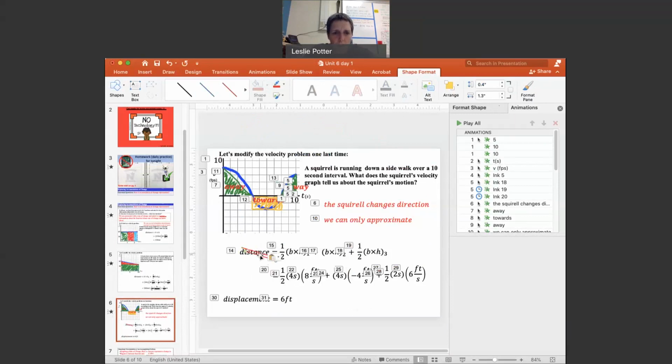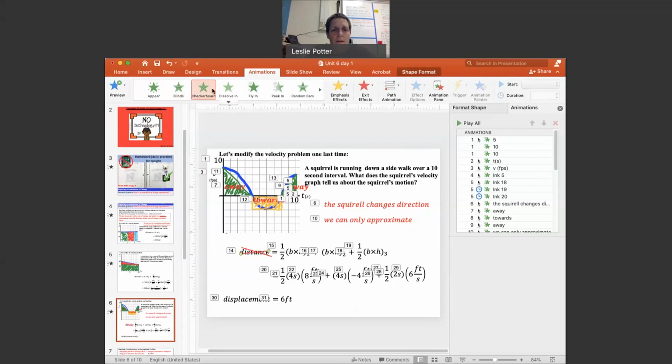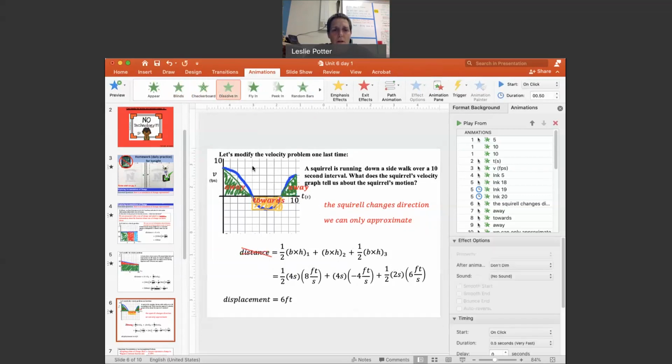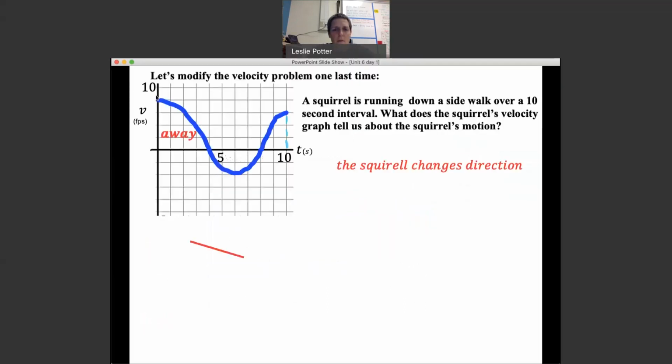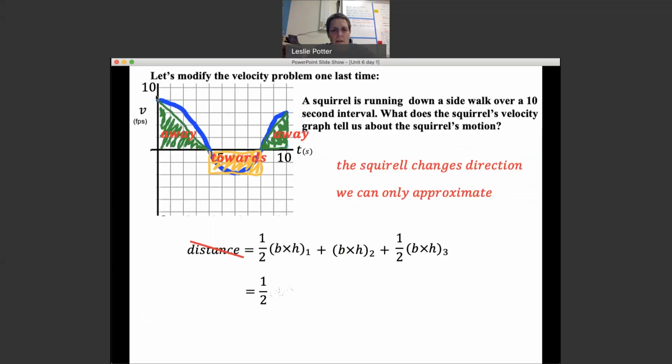And that will again reinforce that even though we're starting out with that verbiage, that verbiage really is only for the most basic of cases when you're dealing with all positive velocity.